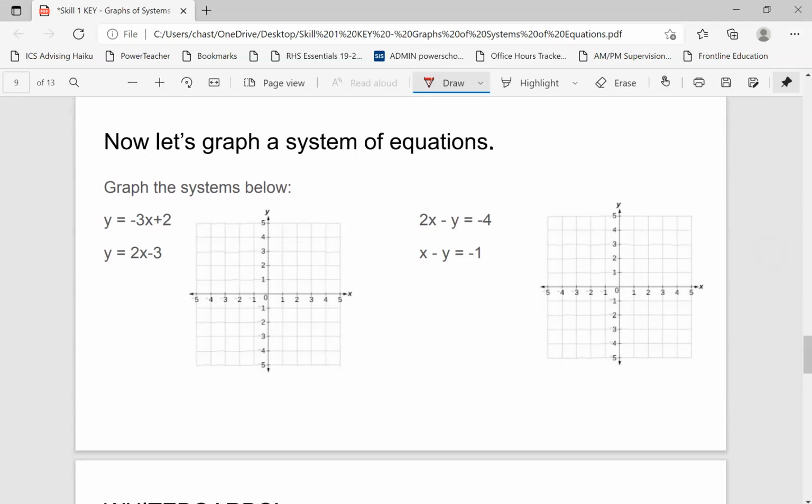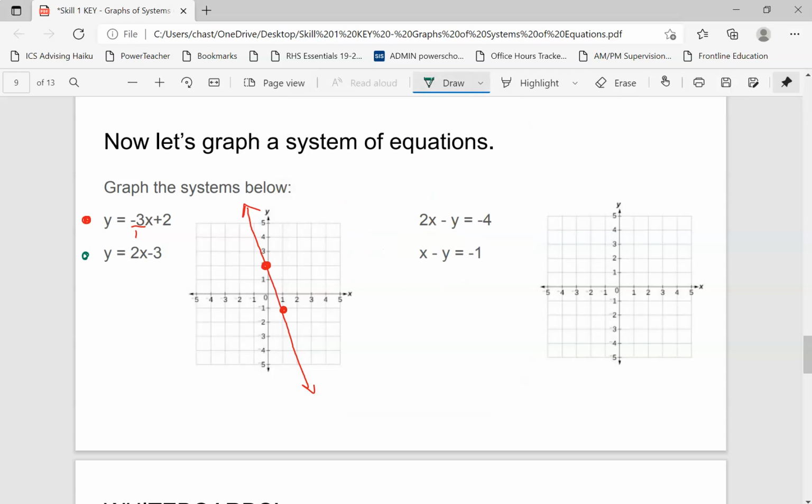So now we can graph a system. To graph a system, you just graph both lines on the same grid. So y equals -3x plus 2. I plot the +2. My slope is -3. I put that over 1, so I have a rise and a run. And there we go.